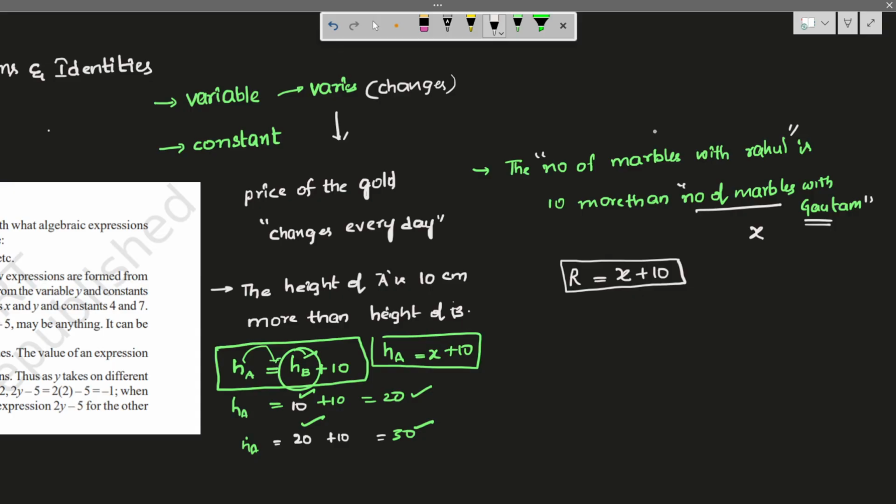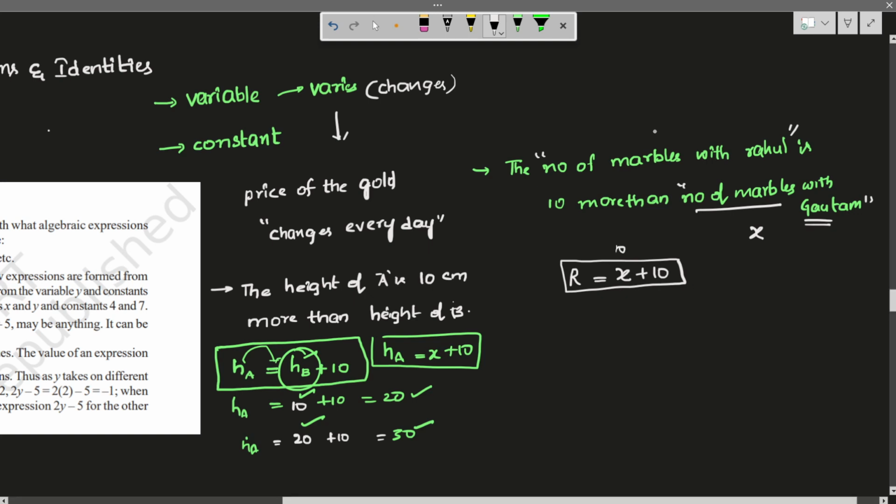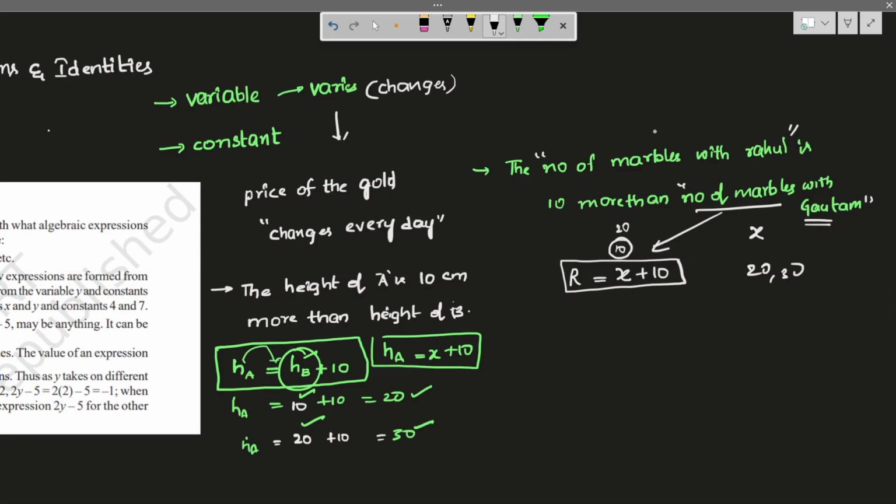Remember, variables can take any value depending upon the question. If the number of marbles with Gautam is 10, then Rahul will have 20. If Gautam has 20, then Rahul will have 30. That means this value can be anything, it may vary, it may change. So it is known as a variable.